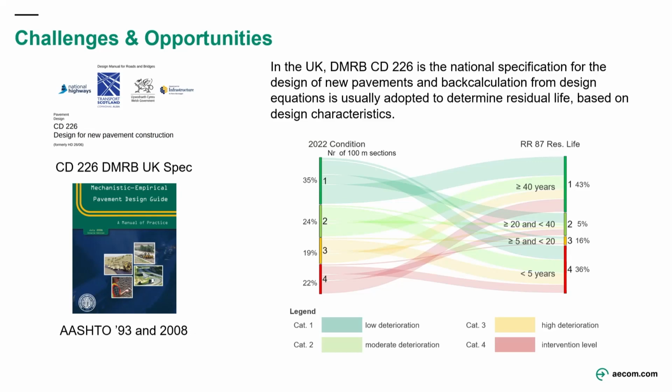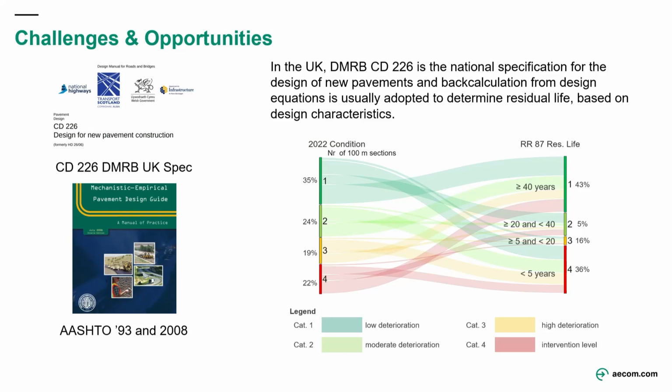In fact, running a little exercise and collecting a condition of the network recently in 2022 and comparing that to what RR87 was predicting in terms of residual life for the pavement, we saw that there was little correlation to what the current conditions were.